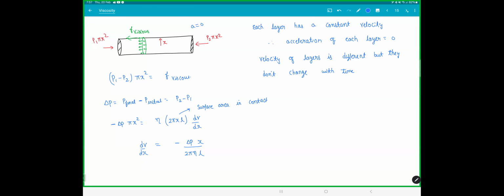It's changing with x. You can integrate this. So we get dv is equal to minus delta p by 2 pi eta l x dx. What are the limits? Where is velocity zero? At x equal to the radius, it is zero, 2 eta l.